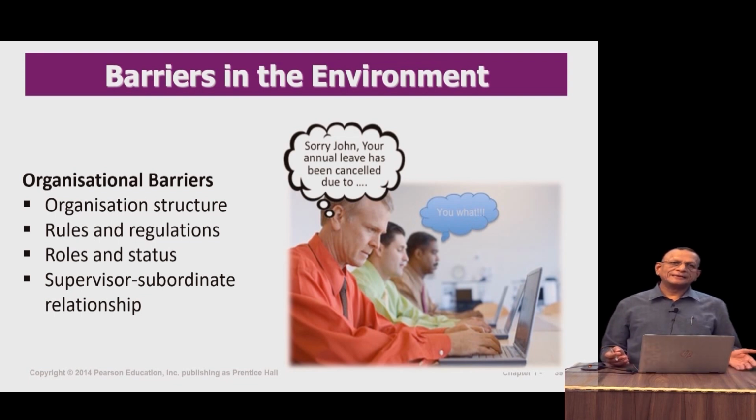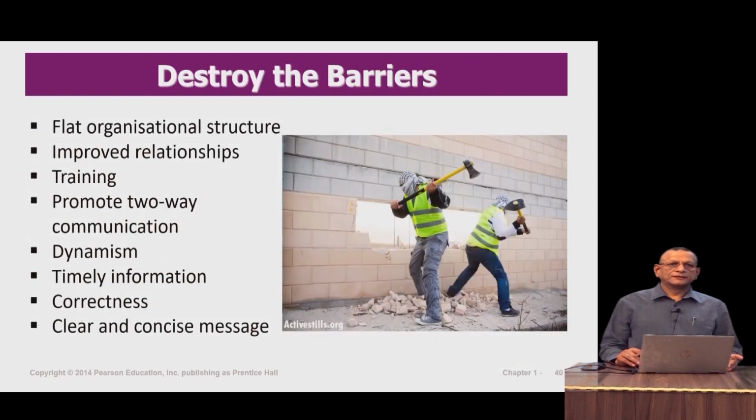But if it's not healthy, then obviously this will again be an organizational barrier. Now the question is how can we overcome such aspects? How can we destroy the barriers? How can we come out of the barriers while communicating within the organization or in the business?